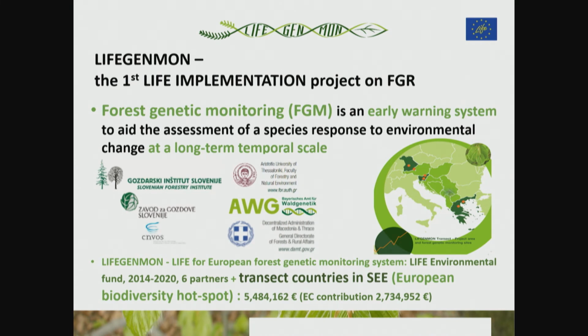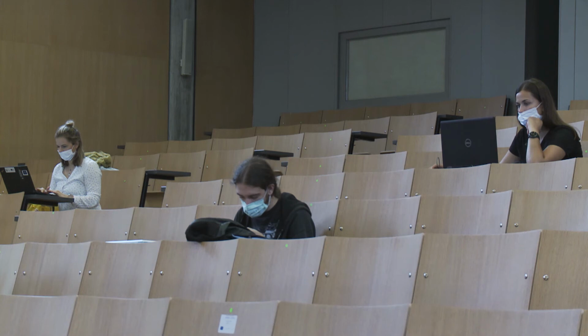Since forest genetic resources do not know borders, it also includes participation and contributions of the experts, and we call them national focal points, from the transect countries between Bavaria and Greece.